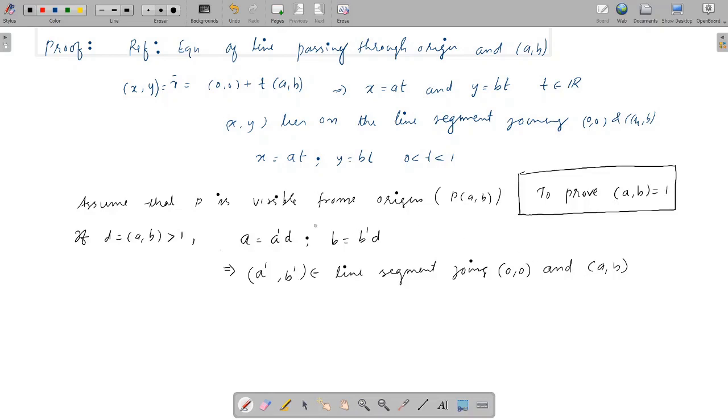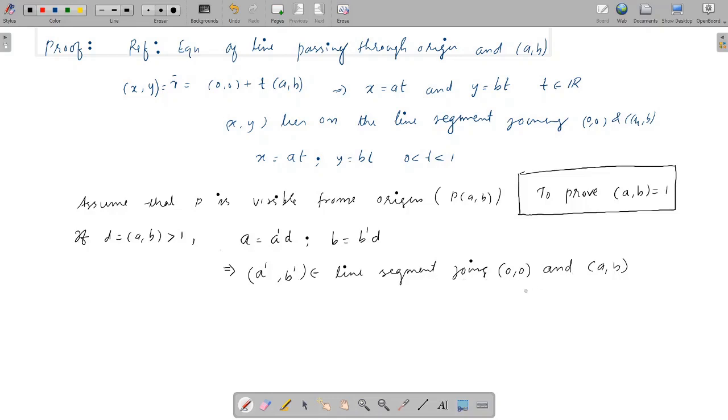Obviously this A prime and B prime are integers. Since D is greater than 1, A prime does not coincide with A. Similarly, B prime does not coincide with B. So you can get a lattice point other than A comma B and 0 0 such that A prime comma B prime lies on the line segment joining these.